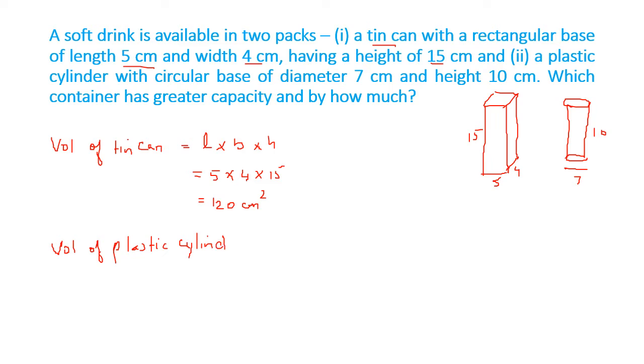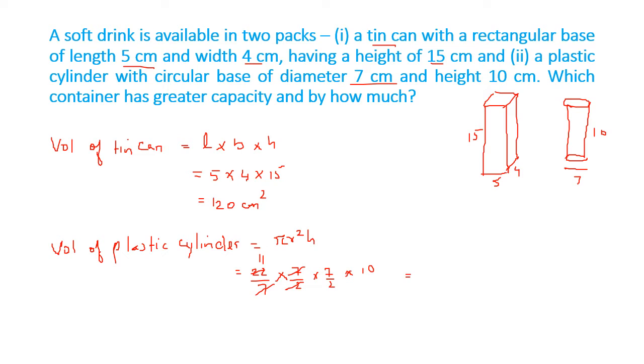It is cylindrical in shape, so what is the volume of a cylinder? We did the formula pi r square h. So 22 by 7, diameter is 7, so radius is 7 upon 2. 7 upon 2 into 7 upon 2, and height is given 10. 7 7s cut, 2 1s are 2, 11s are 11.